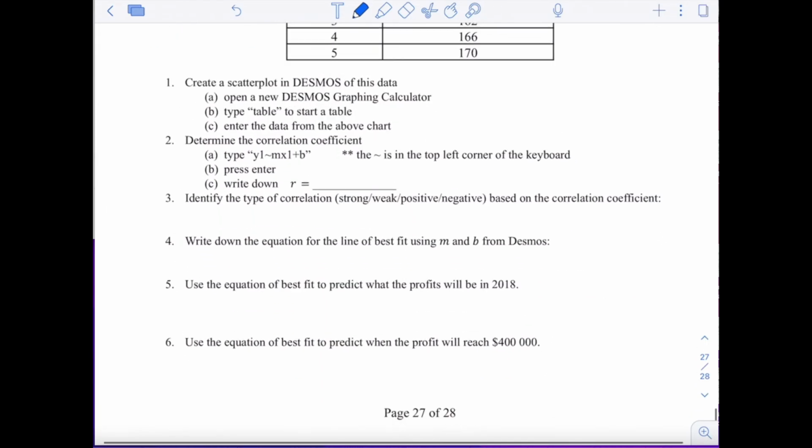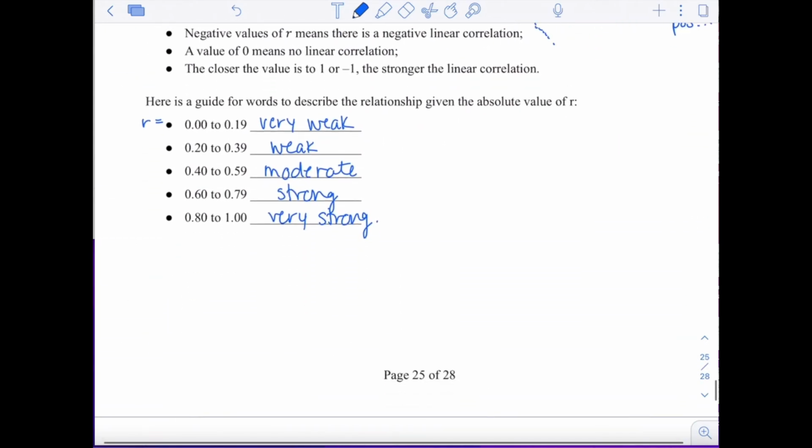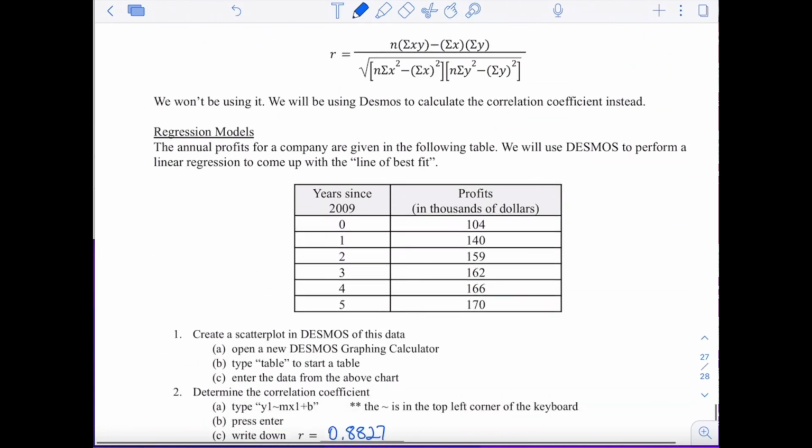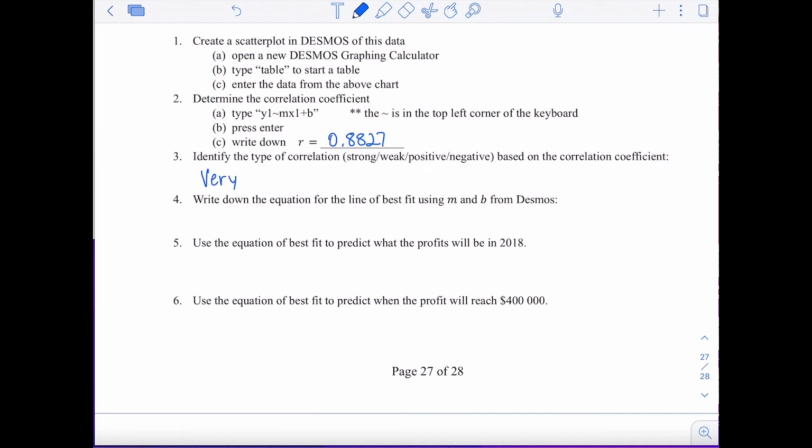So I can see that my correlation coefficient is 0.8827. And if we want to go back to our table, we know that 0.8827 would fall into the very strong positive correlation.